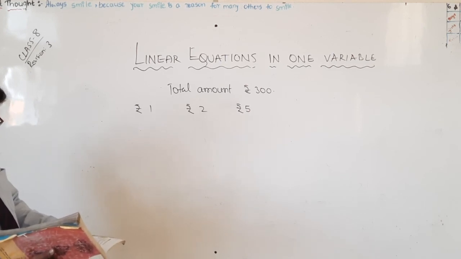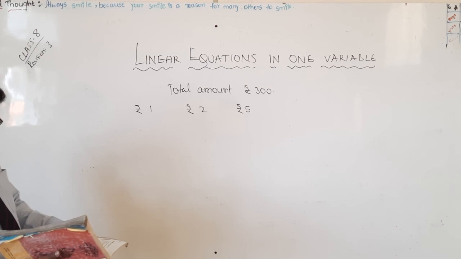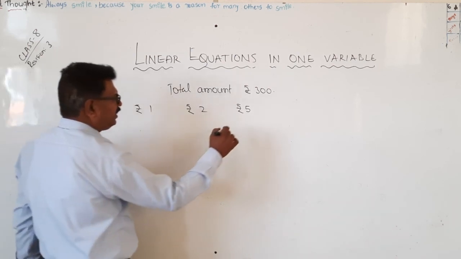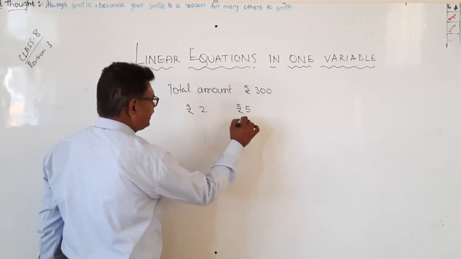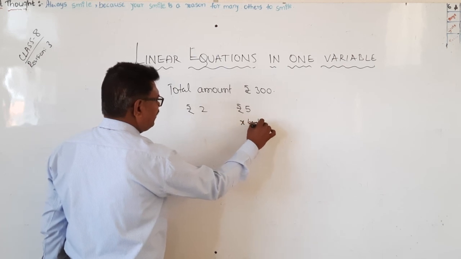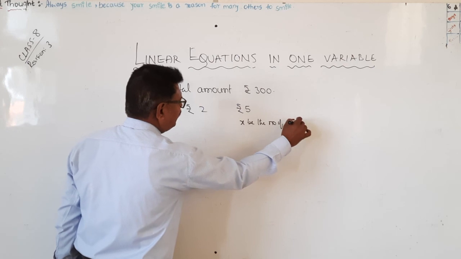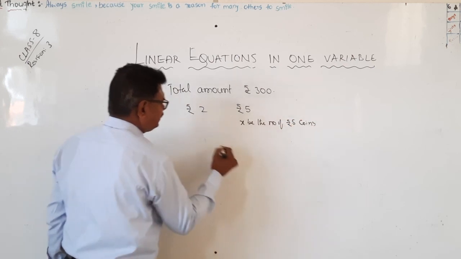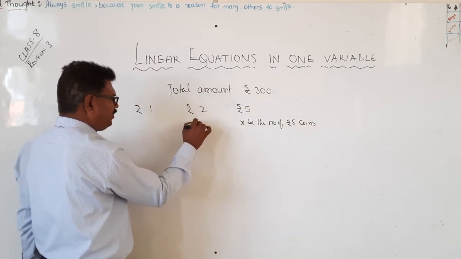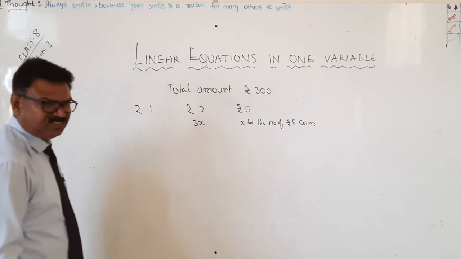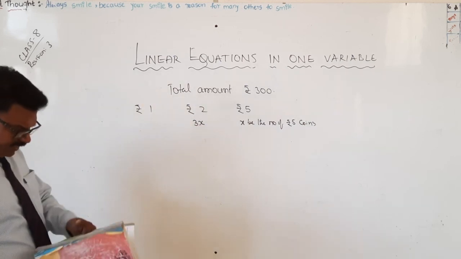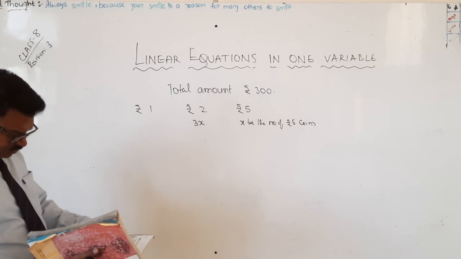The number of 2 rupee coins is 3 times the number of 5 rupee coins. If x be the number of rupees 5 coins, therefore 2 rupee coins will be 3x, 3 times of it.